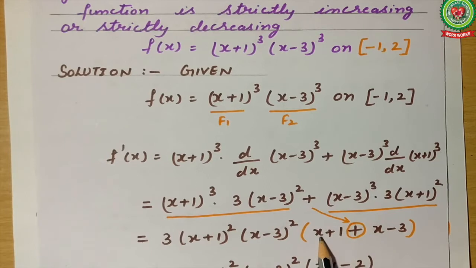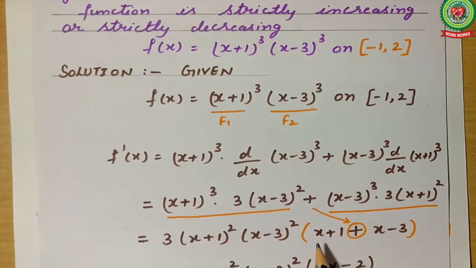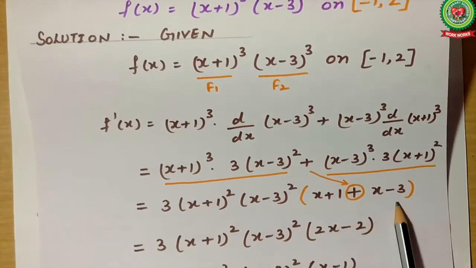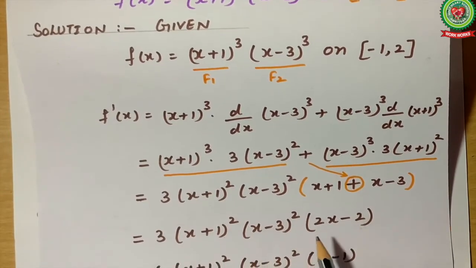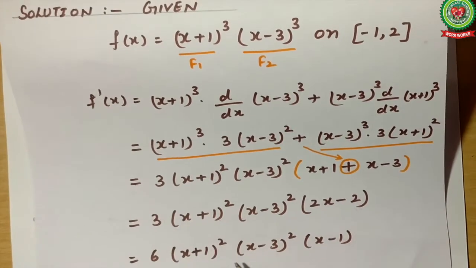The value is (x plus 1) plus (x minus 3). When we solve that, x plus x is 2x and 1 minus 3 is minus 2. The value is 2x minus 2. So the answer is 6(x plus 1) whole square, (x minus 3) whole square, into (x minus 1). Now we have f dash x equal to this value.